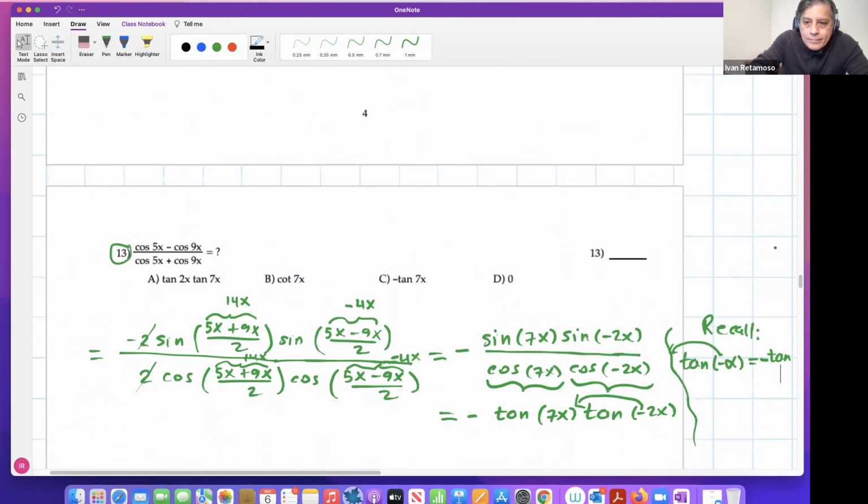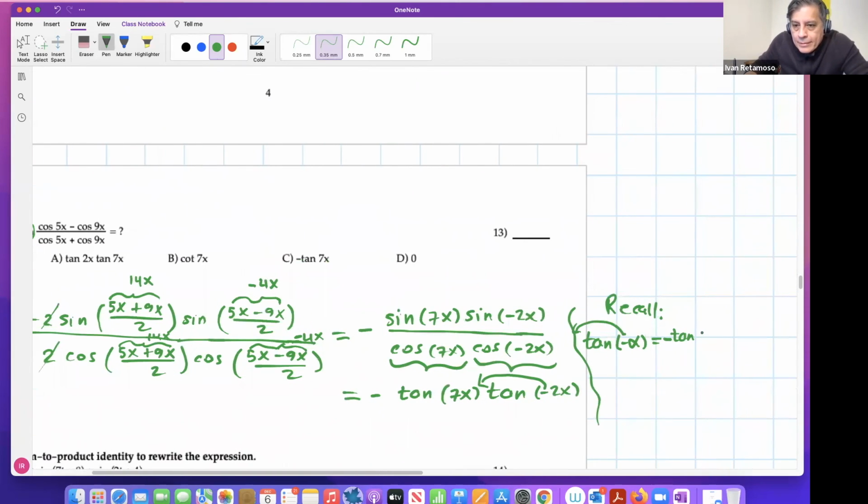So let's use this fact, and then the negative sign comes out, but negative and negative multiply to positive. So the final answer should be tangent of 7x multiplied by tangent of 2x. Again, the negative sign came out, but negative times negative is positive. So this will be the final answer, and that's what you look for. Follow, guys?